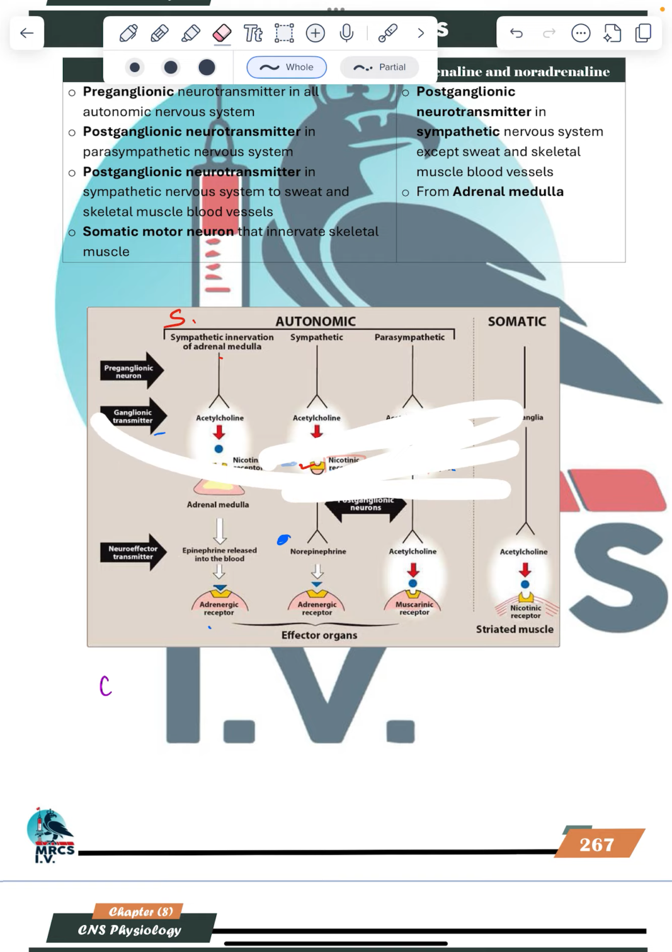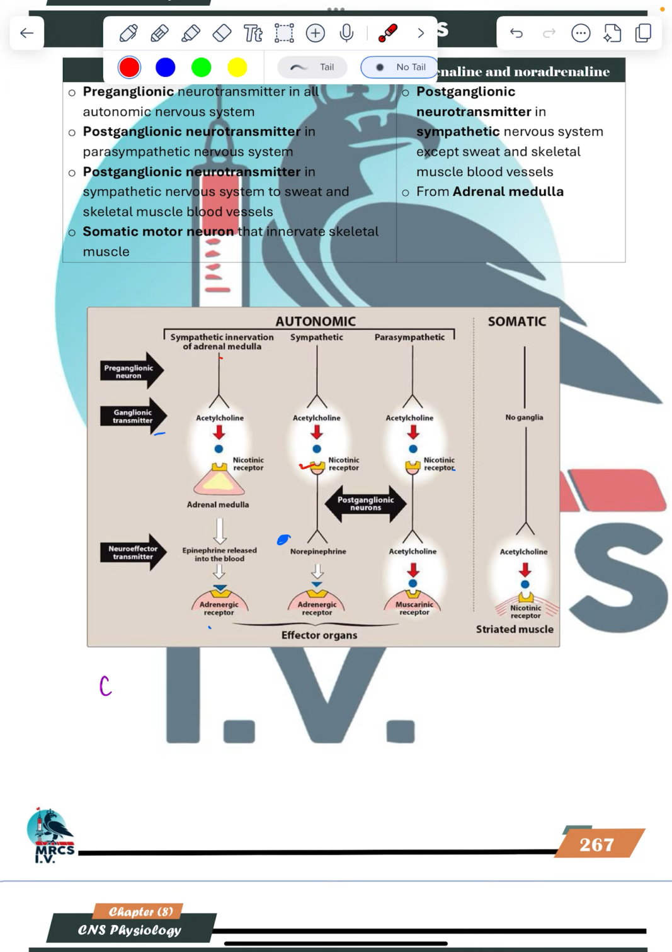In the adrenal medulla, these are preganglionic fibers. The ganglionic transmitter is acetylcholine, and receptors in the adrenal medulla are nicotinic. Then, as the effect, they release epinephrine and norepinephrine into the blood, and they act on the adrenergic receptors. So this is about the adrenal medulla.